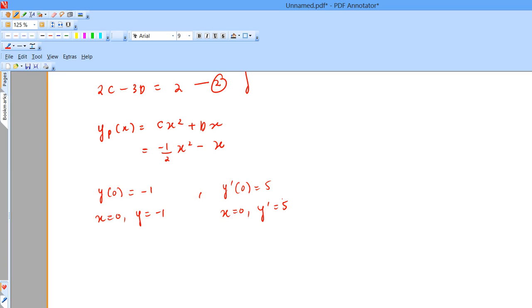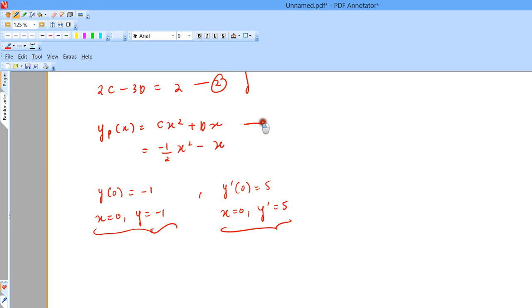So what you need to do, for the first value, just need to substitute into y p. For the second value, you need to substitute when you differentiate y p.